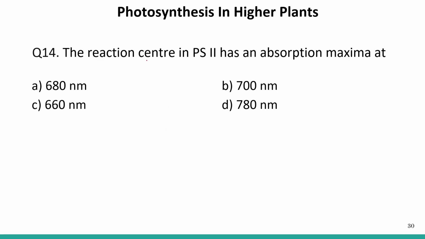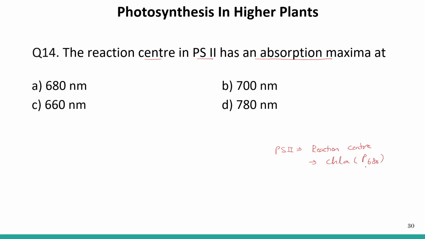The next question is, the reaction center in photosystem 2 has an absorption maxima at, they are talking about photosystem 2. What is the reaction center of photosystem 2 made up of? The reaction center is made up of a single chlorophyll A molecule which has maximum absorption at 680 nanometer.